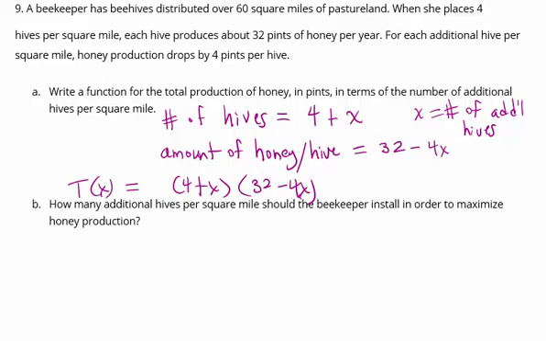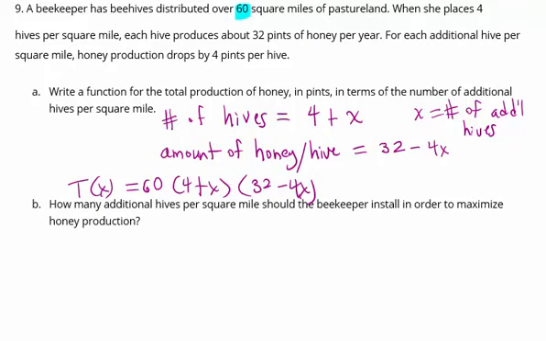And then this one has one other piece of information, which is how many total square miles that the beekeeper has to put hives. So if it were just over 1 square mile, our function is finished. But because there's 60 of them, we're going to multiply by 60.